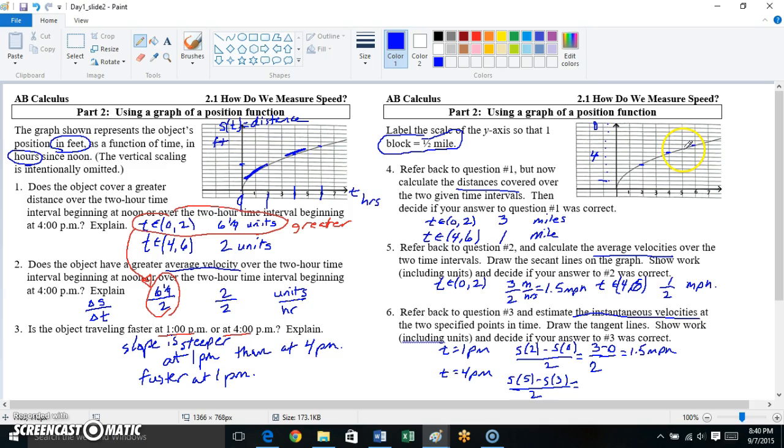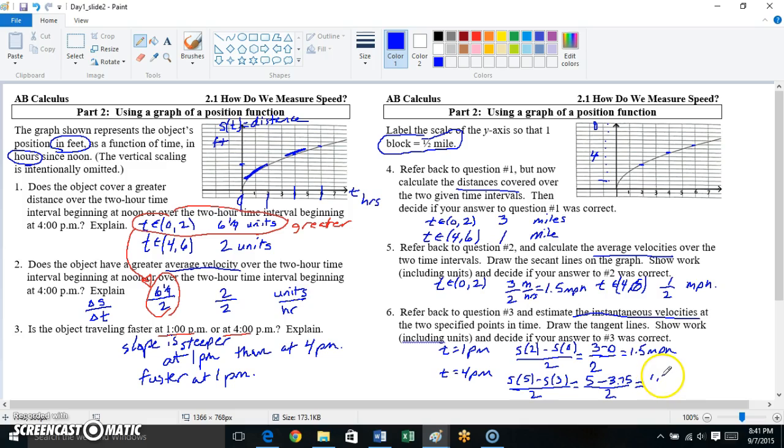And it looks like s of 5 is 4.5. No, s of 5 is 5. And s of 3, 1, 2, 3, I don't know, 3.75. Again, as long as you show your work, your estimate's going to count, even if it's not exactly going to match what mine is.